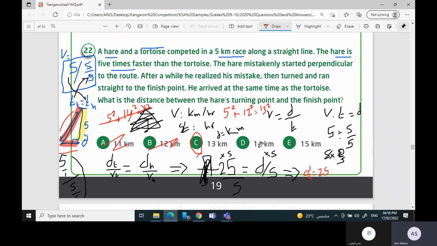So it's wrong. And this one also is wrong, because now with 15, to complete 25 I need 10. So 10 power 2 is 100, and 25, 125, is not equal to 15 power 2, because 15 power 2 is equal to 225, not 125.